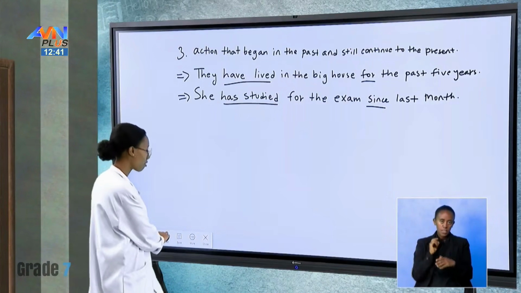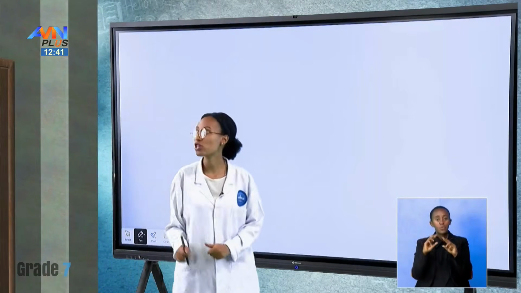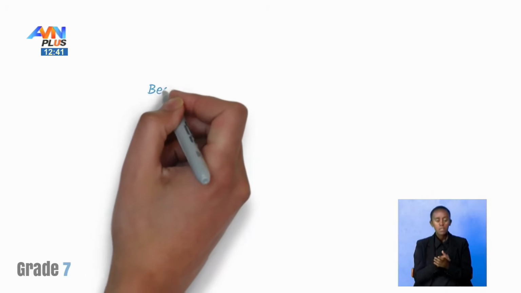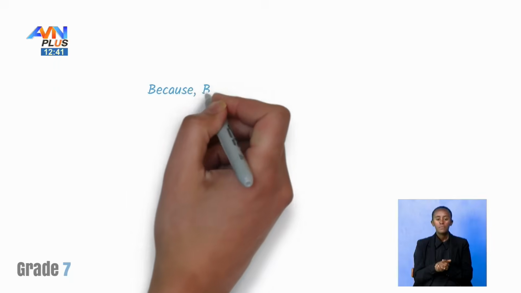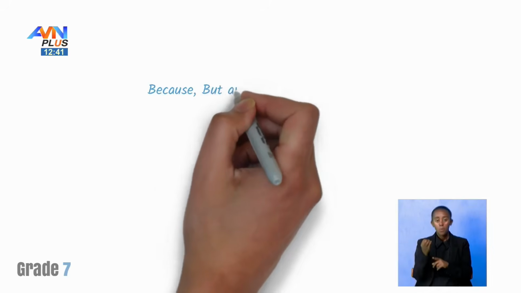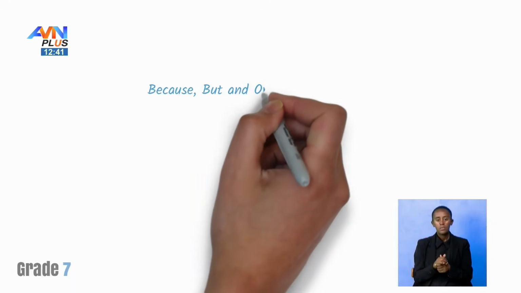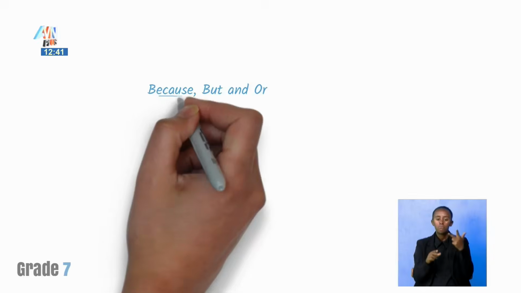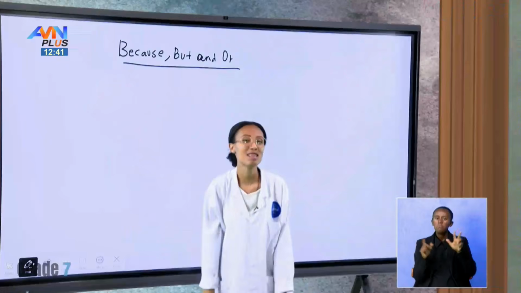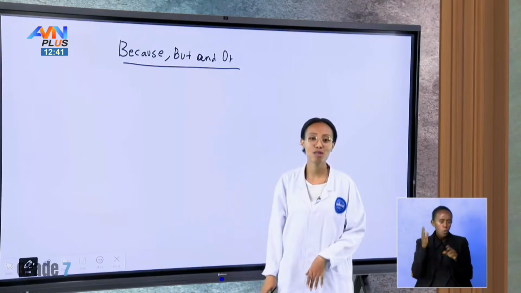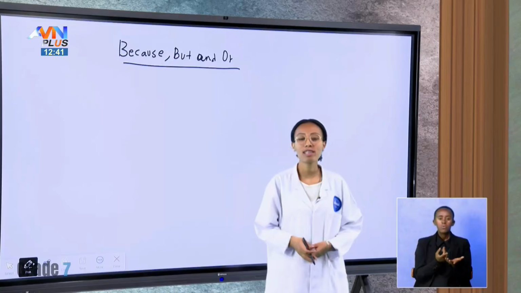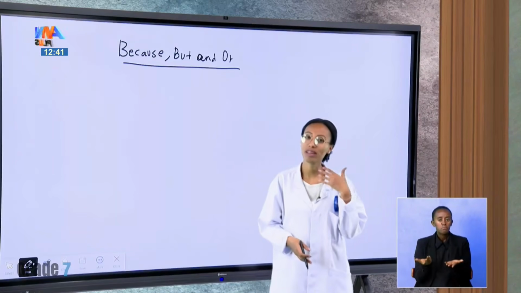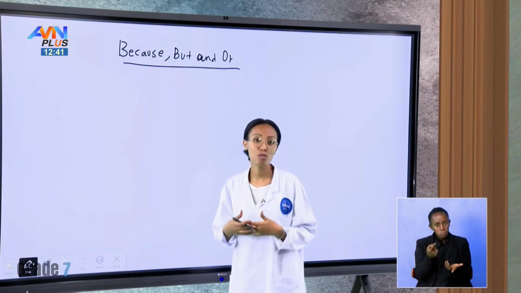And now let us go to today's topic, which is because, but, or. So what are these three things? These are very common words that we use all the time when we're talking, when we are writing, when we hear them while listening, and when we see them when we're reading.